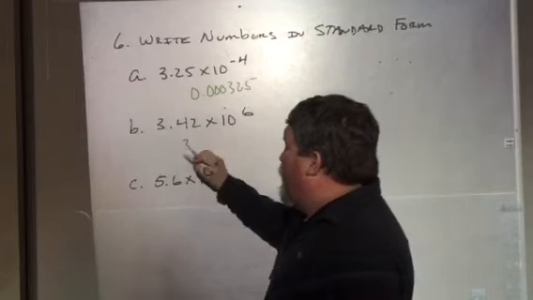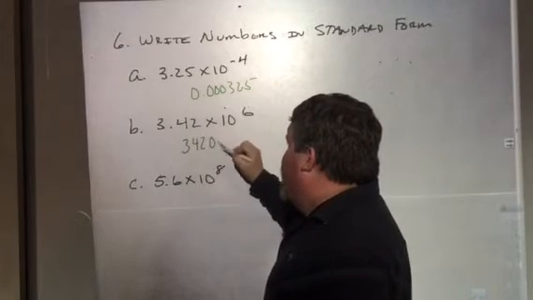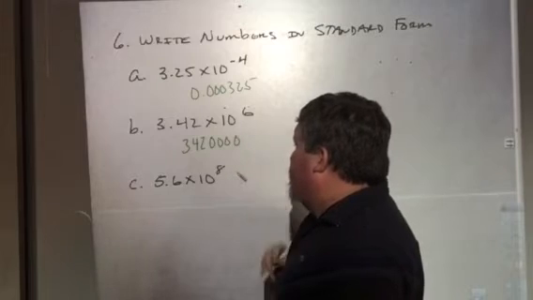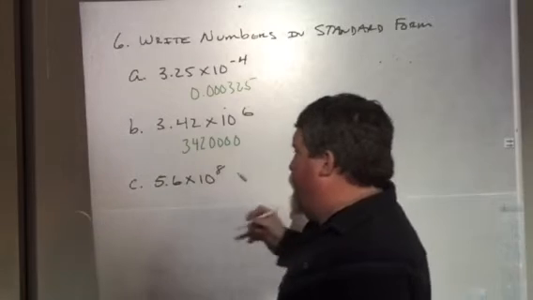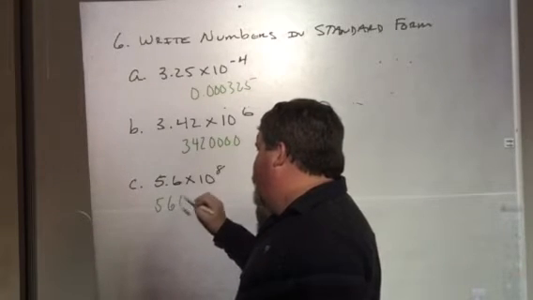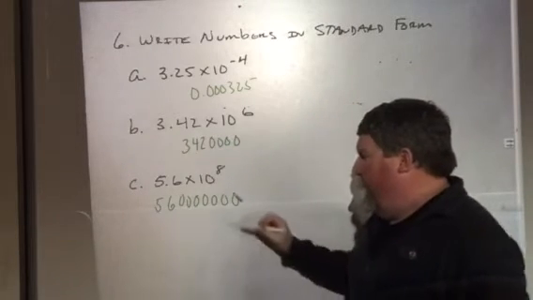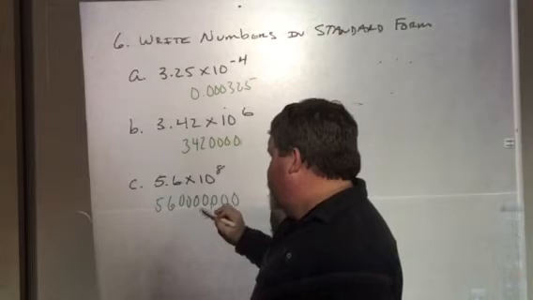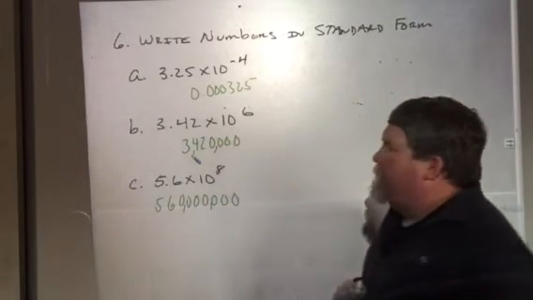On B, our exponent is positive, so we're going to move it to the right 6 places. 1, 2, 3, 4, 5, 6. And again on C, the exponent's positive, so we're going to move it to the right. So 5, and then 1, 2, 3, 4, 5, 6, 7, 8 into standard form. Okay? Then you put your commas in there.